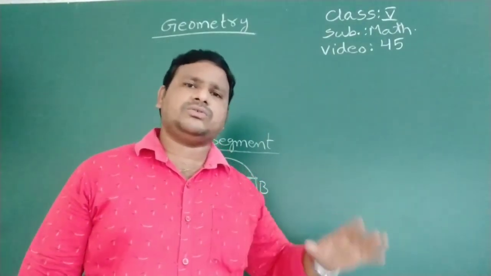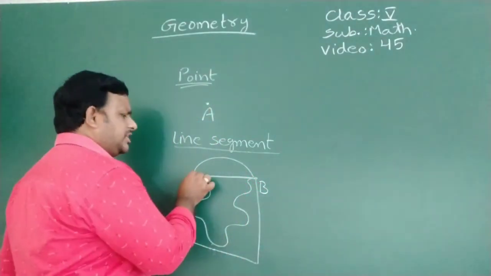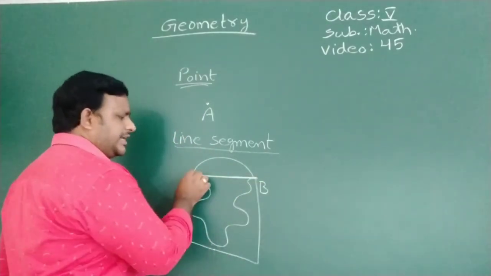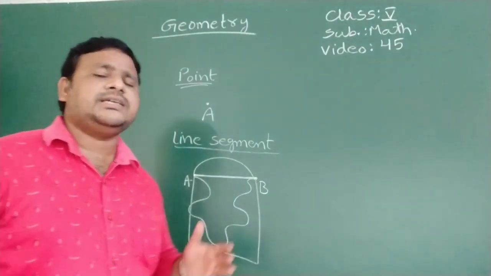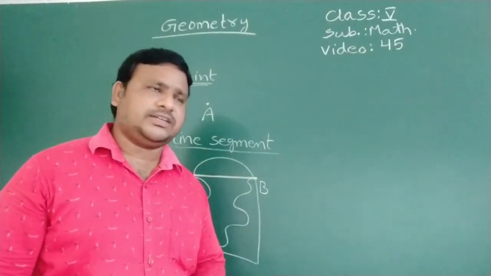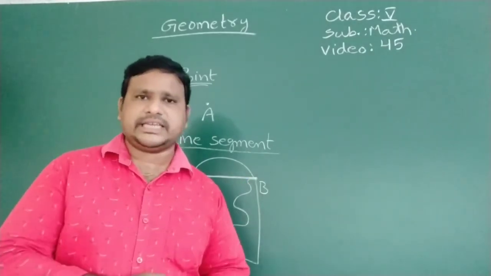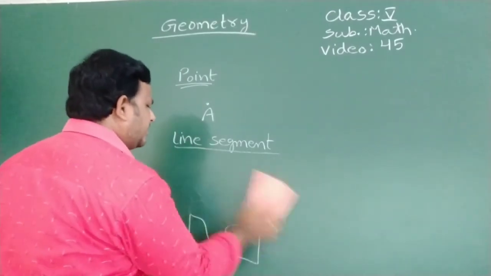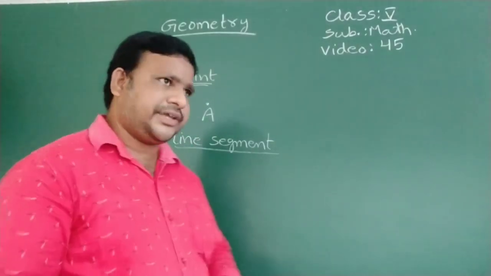So among all those ways, the only way which gives the straight path between these two particular points A and B, that's why this straight path is called the line segment. Understood? So a line segment is a straight path between two particular points.